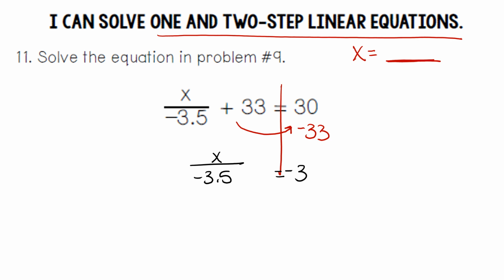Now, when we have this fraction problem, x divided by -3.5, we want to do the opposite. So instead of dividing by 3.5, we're going to multiply by 3.5. So we're going to multiply the -3 times the -3.5, and we get a final answer of positive 10.5.